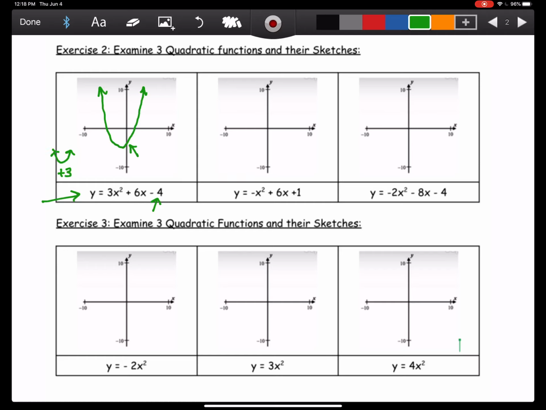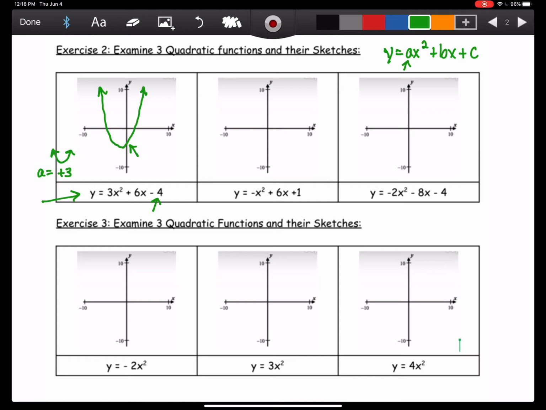Remember we're thinking about y equals ax squared plus bx plus c, and we're talking about how a affects the opening direction of the parabola. That's what I'm trying to get you to see.